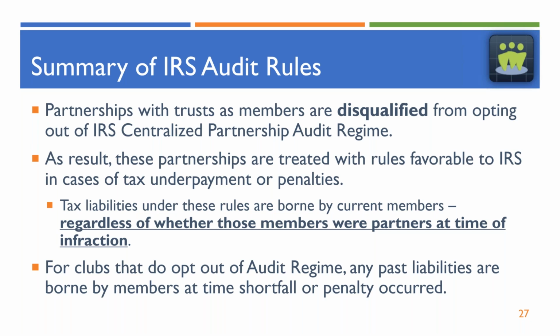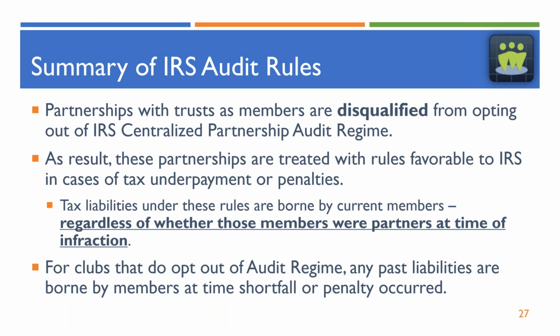For example, if they audit the year 2021, they would ask you to pay that in 2025, and all the partners who were partners in 2025 would be paying out of the value of the club in 2025, rather than going back to the partners who were partners in 2021. So that means if someone joined the club after 2021, but they're a partner in 2025, they're going to be bearing some of that cost for mistakes that happened when they were not a partner.